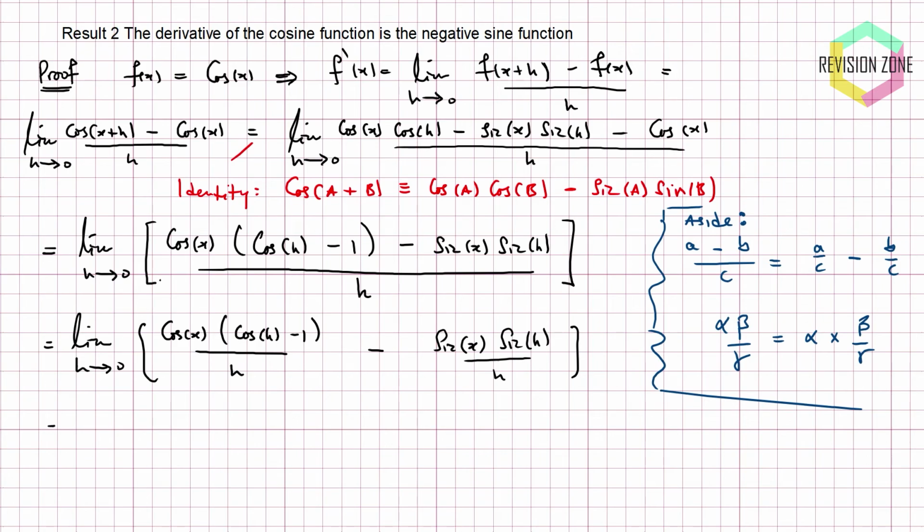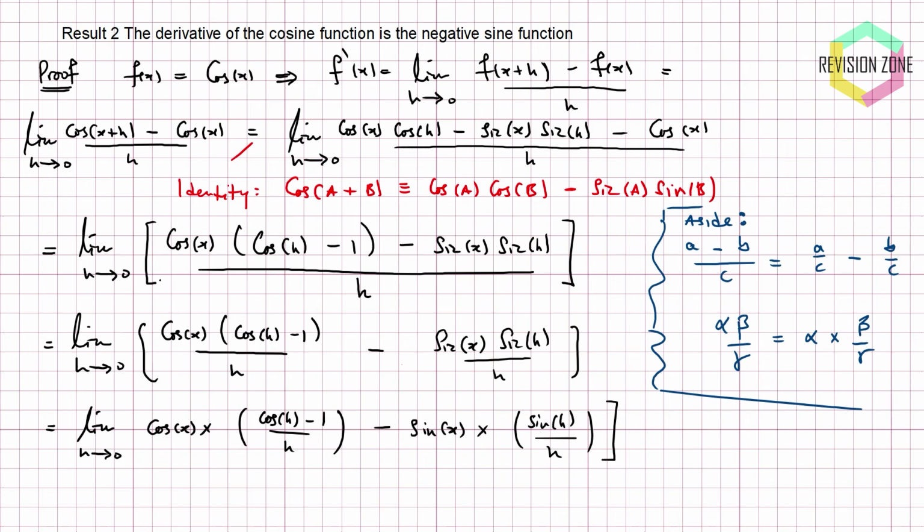So what we're actually going to have is the limit as h tends to 0 of cos x times cos h minus 1 over h, and then minus sine x times sine h over h, and of course the brackets are still there. So now this is looking a lot more promising.